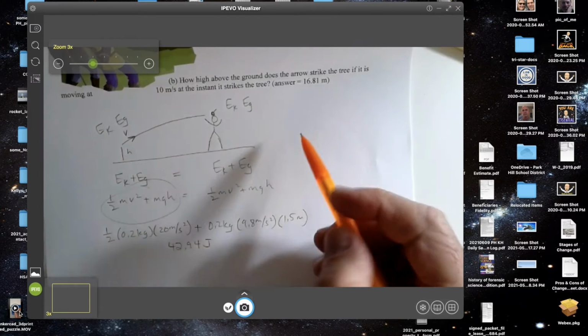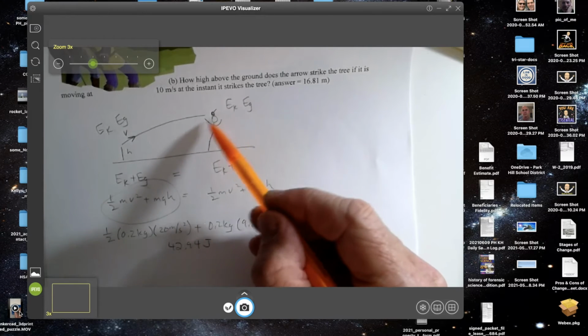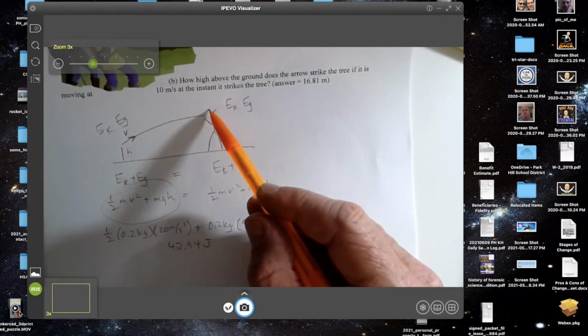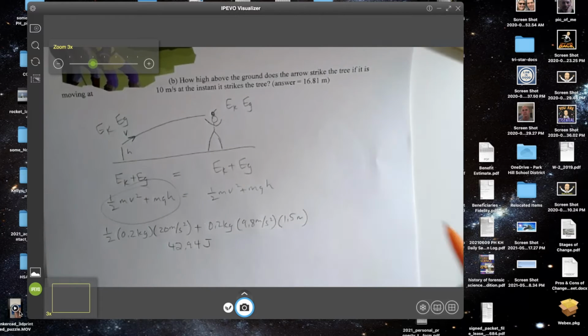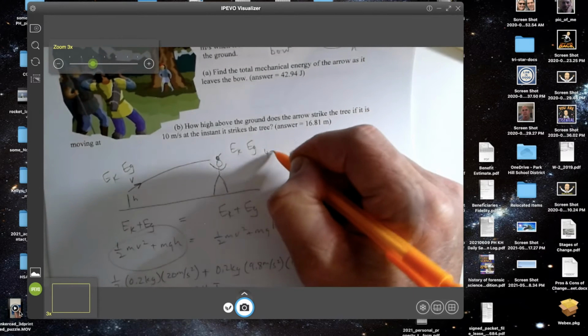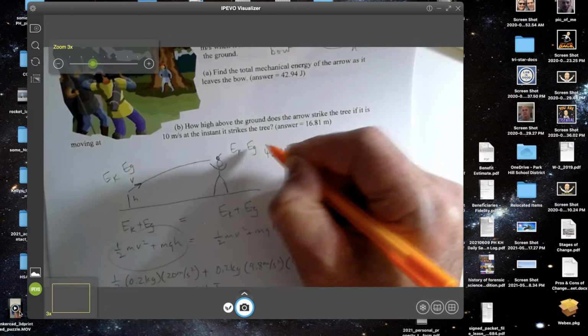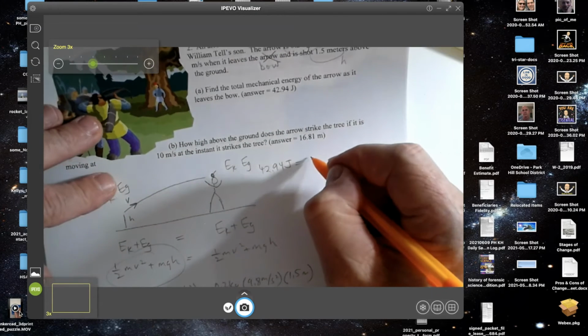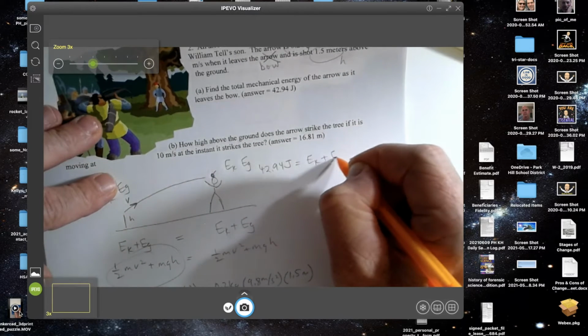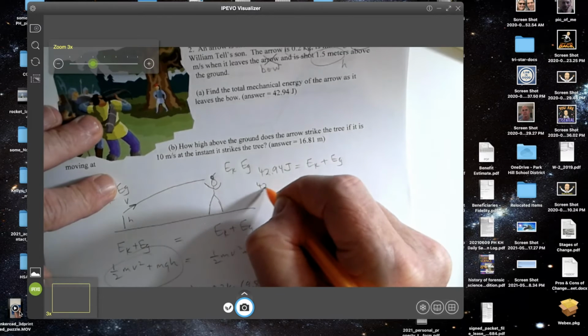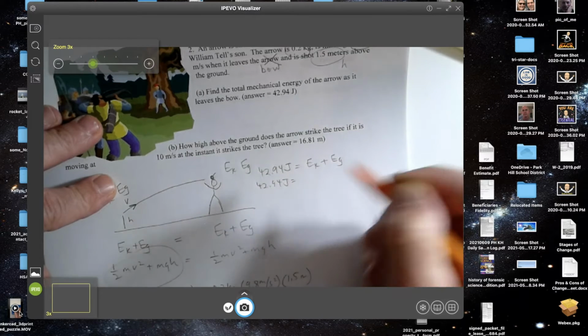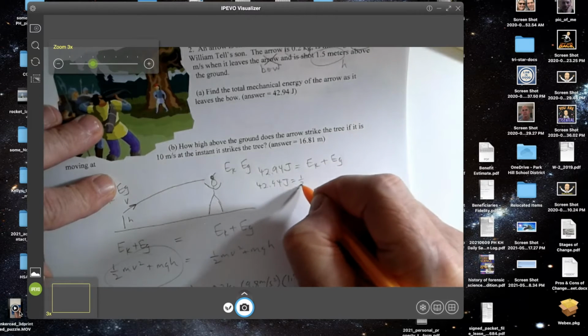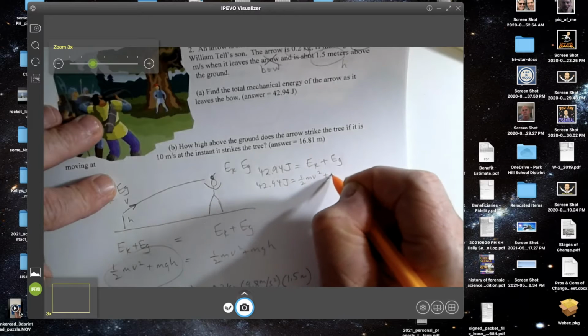So that's going to be the same amount of energy it has here. Okay, position 1, position 2, energy is conserved. So 42.94 joules here, and that's going to equal EK plus EG at that position, or 42.94 joules equals 1/2 mv squared plus mgh.